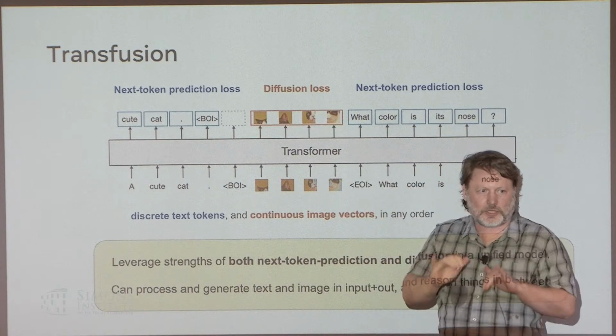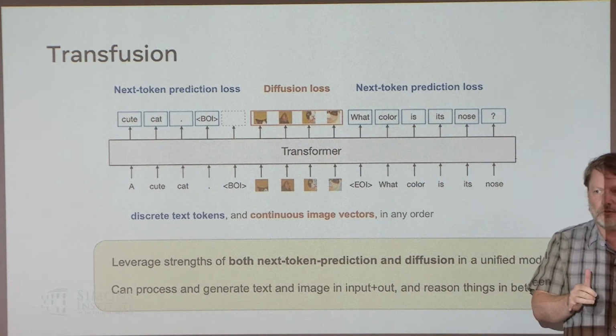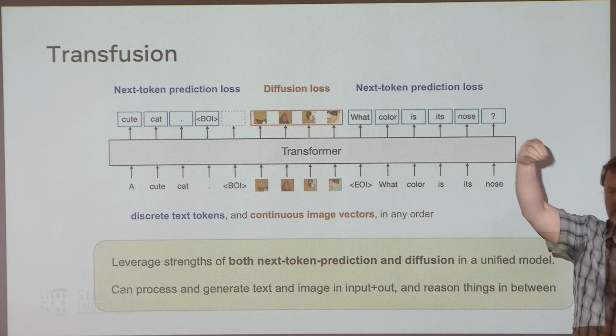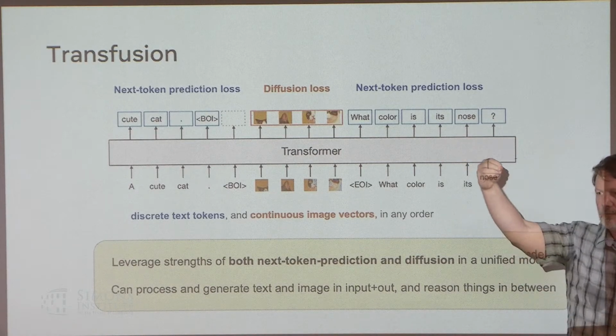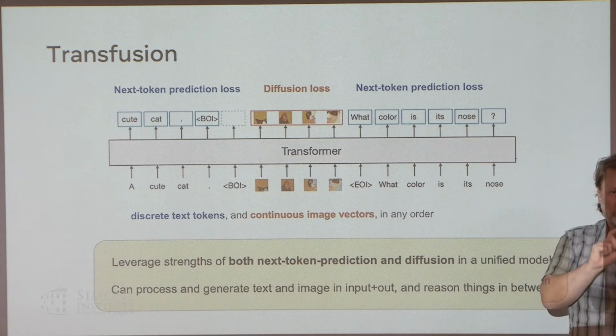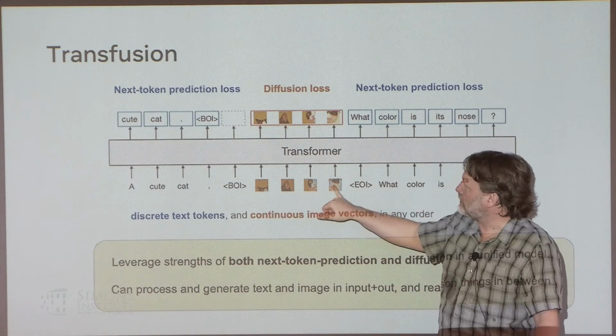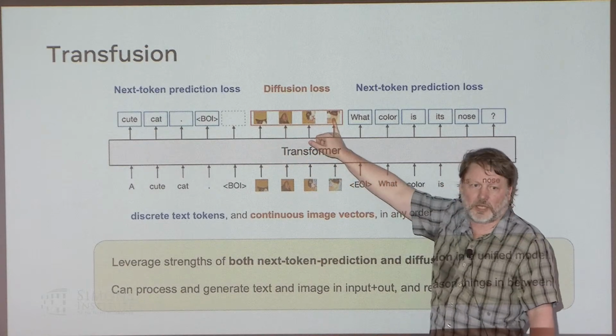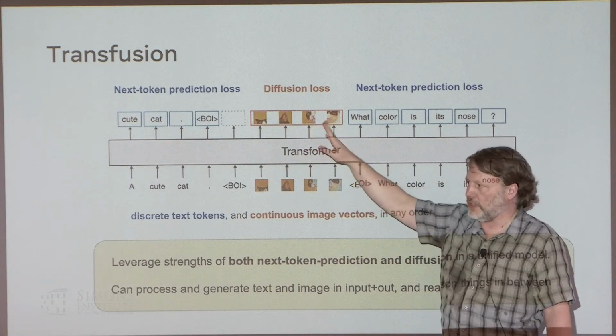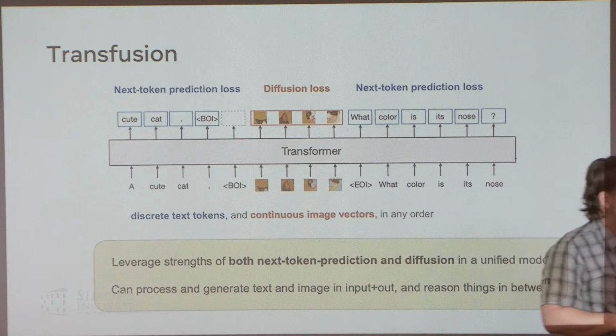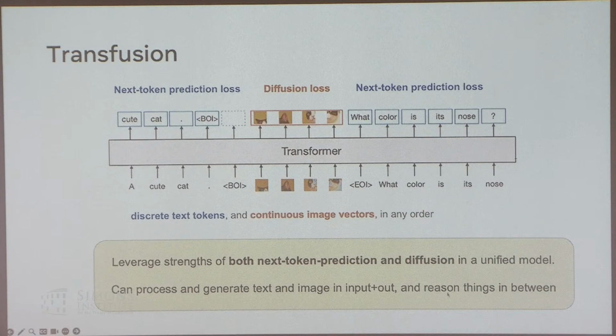If you don't know how diffusion losses are typically trained, in the end it's a multi-step process where you diffuse an image, but each image during training is just one step of that process. So you put the noised version of the patches down here, the un-noised version of the patches up here, and then you use your diffusion loss. And for the text, you just keep your cross entropy loss. So one single streamlined transformer, but two different losses.